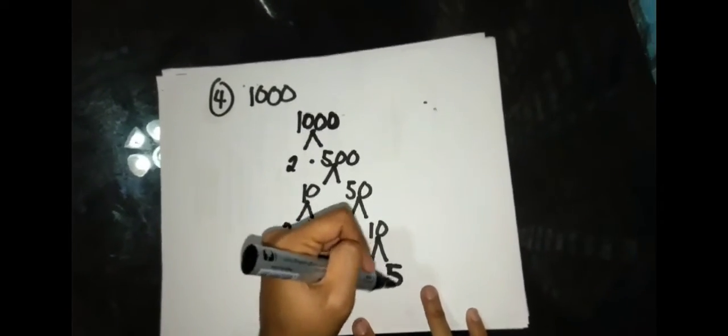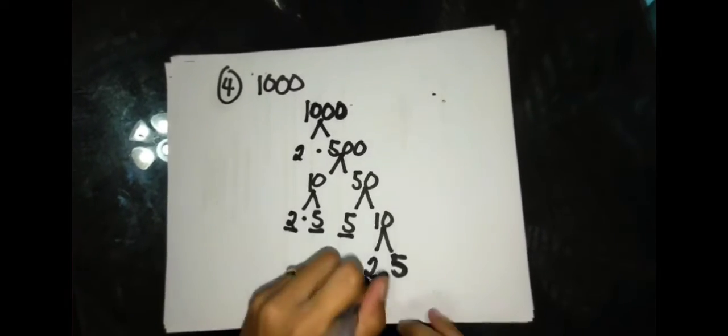So 2 and 5 are already prime numbers, so we will stop here. So 1000 has prime factors of 2, 2, 2, 5, 5, and 5.